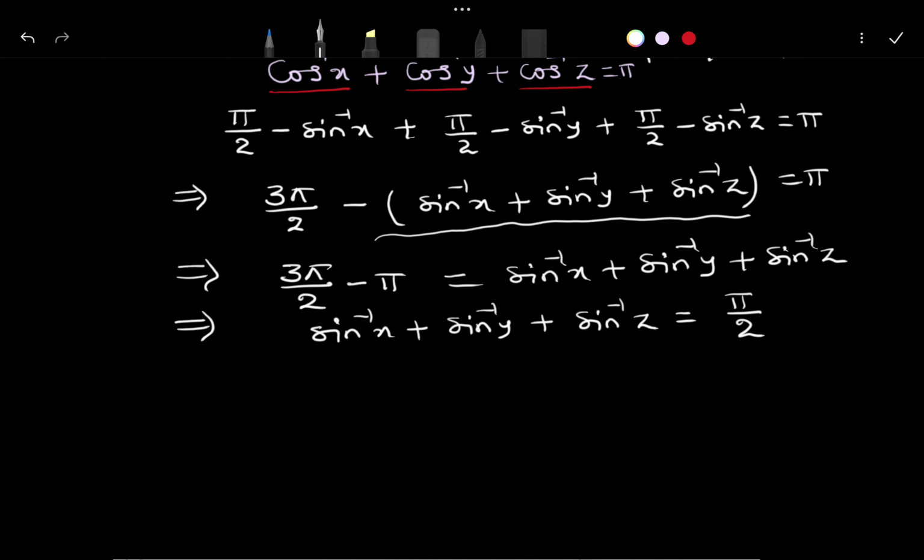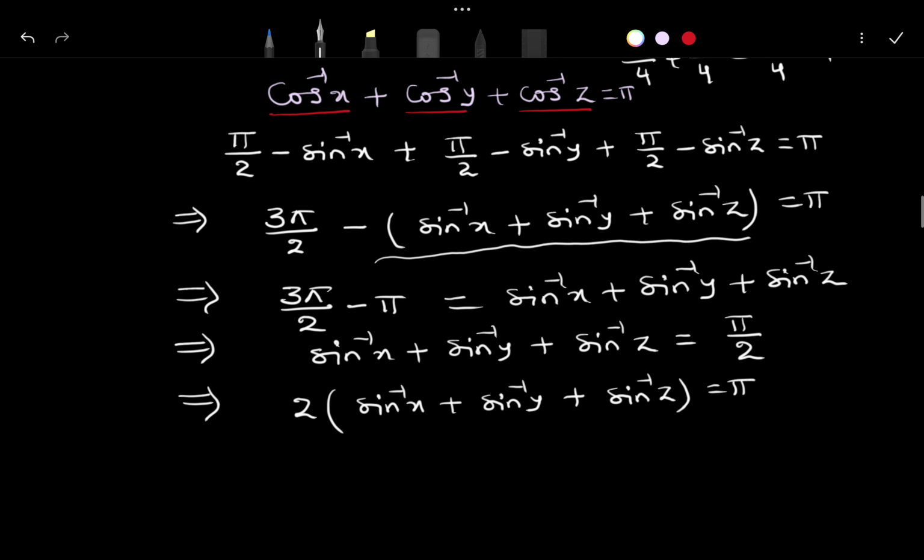Now you cross multiply, and you can write 2 into sine inverse of x plus sine inverse of y plus sine inverse of z is equal to pi, from the given expression.